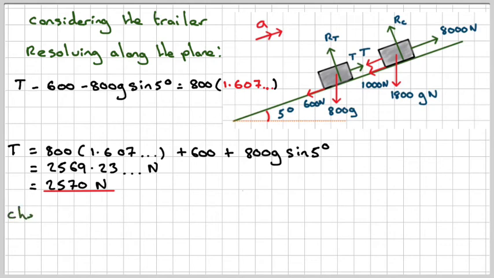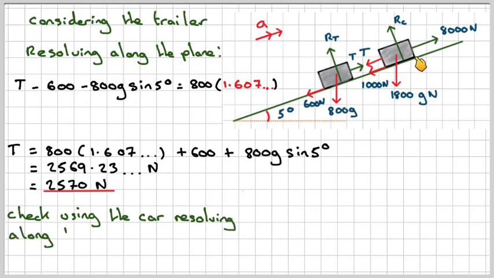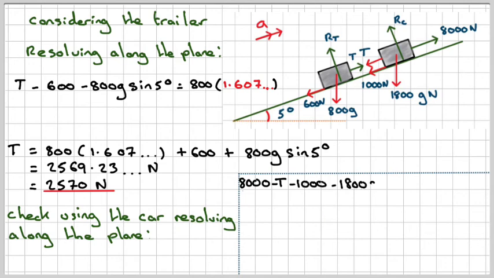Now, I can check this by using the car. If you don't have time in the exam, then you wouldn't have to do it, but it's a little bit more complicated. Here, resolving along the plane, I'm going to have 8,000 newtons minus T minus 1,000 minus 1,800 g sine 5 is equal to 1,800 times 1.607.